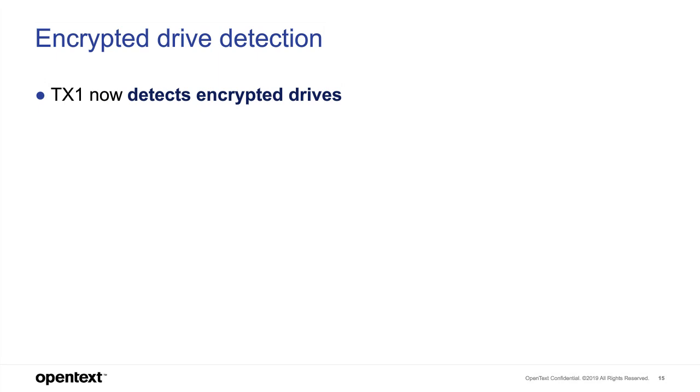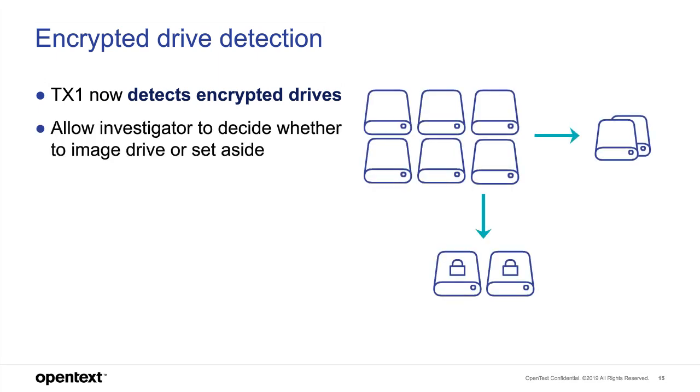Or maybe you're working the case on scene and you don't have time to waste acquiring terabytes of data which won't be immediately usable for triage and carving. In those cases, it would be handy to know before you spend an hour or more imaging that 2 terabyte hard drive that hard drive has been encrypted.